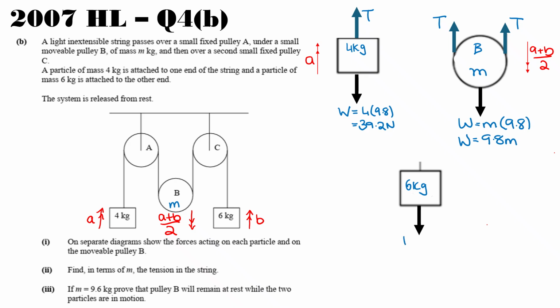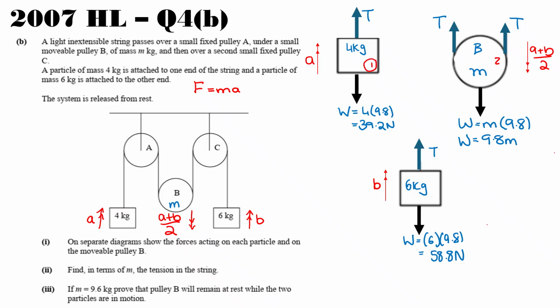It has a weight pulling it down of mass 6 times gravity 9.8, and that's going to give us a 58.8 newton force, and pulling it up is tension, and that direction of motion is upwards with an acceleration of B. So we're going to make our force equations. For each of them, we're using the idea of F equals ma, F being the resultant force taking the direction of motion as positive and anything going against it as negative.